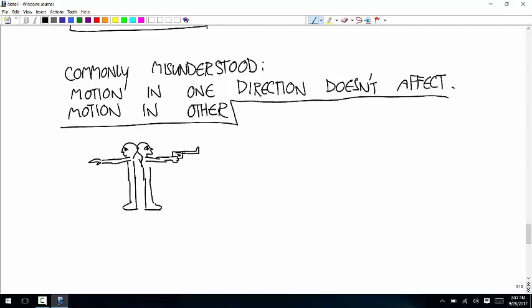Okay, so this person shoots a bullet, and this person drops a bullet at the same time. Which bullet hits the ground first? The one that's shot or the one that's dropped?